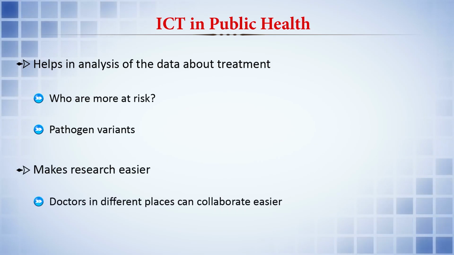Naturally, collaboration between doctors and professionals in different parts of the world becomes far easier with the availability of ICT. These technologies help people talk, discuss, and exchange information much more easily.